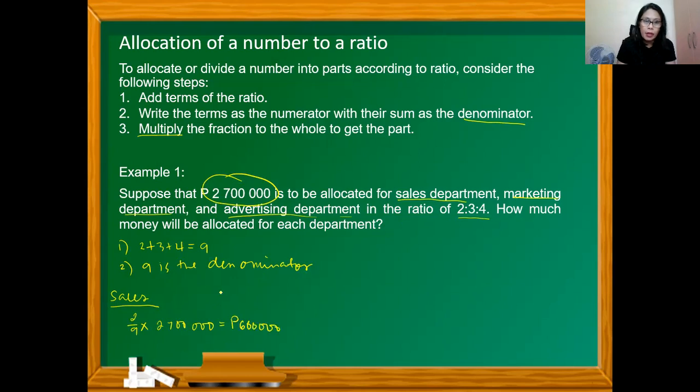Now for the other one, marketing. So 3/9 again, or 1/3 times the whole amount, 2,700,000. So we have 900,000 allotted for marketing department. And then lastly, for the advertising department.